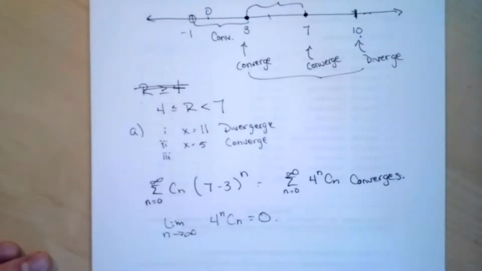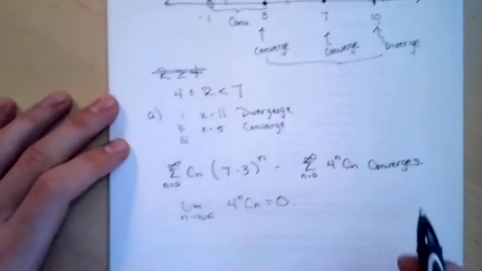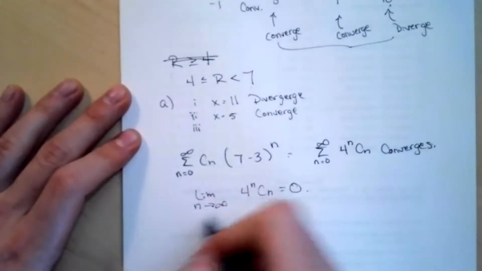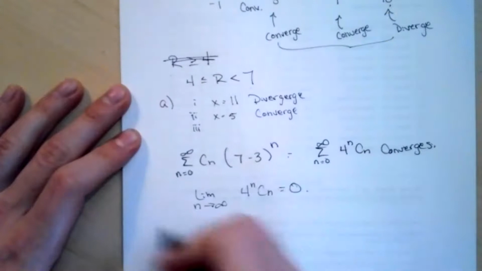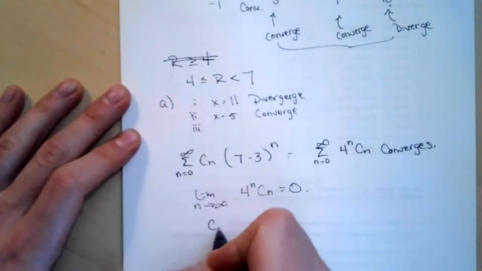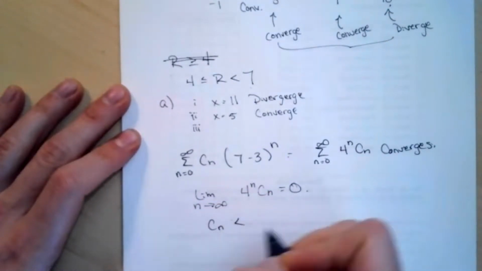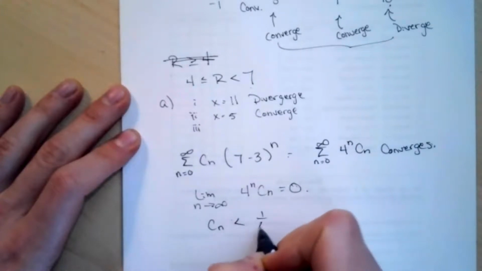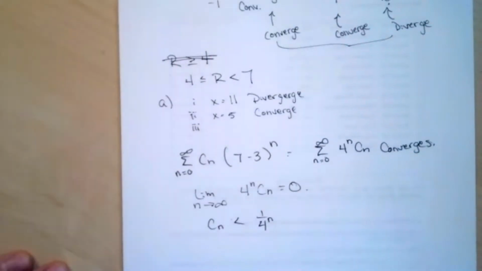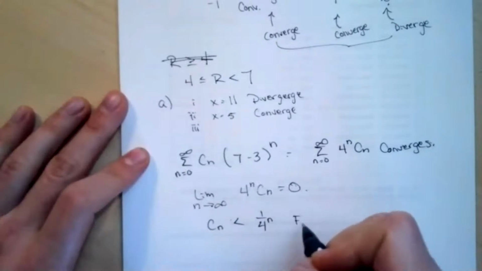That these terms go to 0, which in some sense is going to tell us that Cn has to be less than 1 over 4 to the n for large enough n.